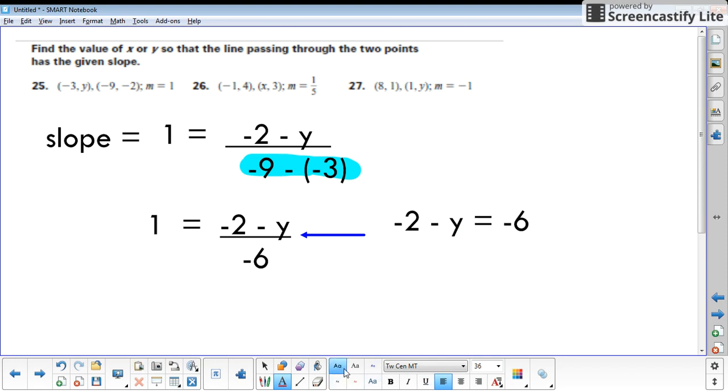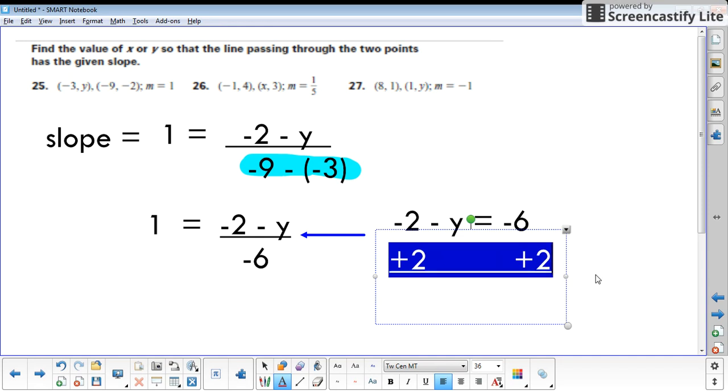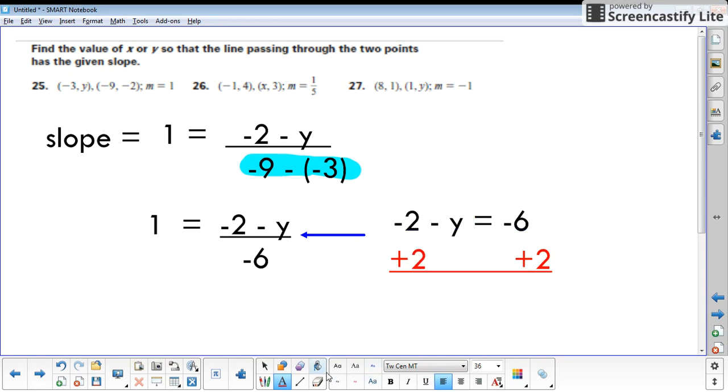To zero out the -2, add 2 to both sides, and then finish solving. We get -y equals -4. Therefore, your final answer is y equals 4.